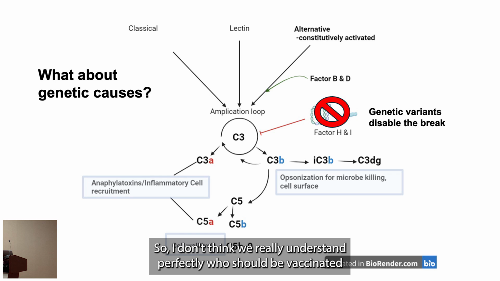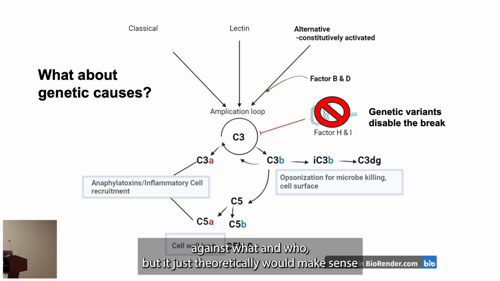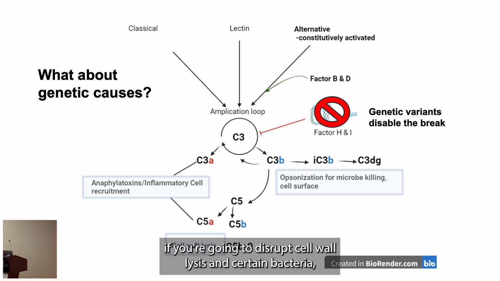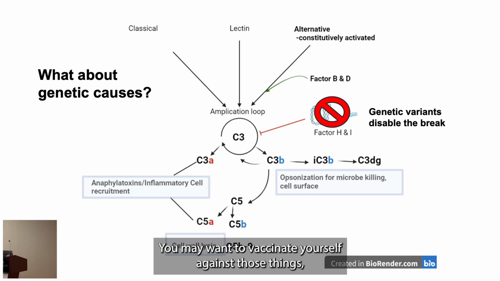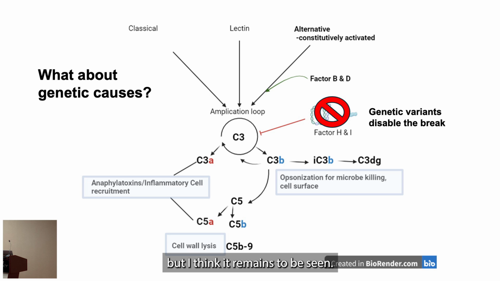I don't think we really understand perfectly who should be vaccinated against what, but theoretically it would make sense. If you're going to disrupt cell wall lysis and certain bacteria, that's how they're destroyed, you may want to vaccinate yourself against those things. But I think it remains to be seen.